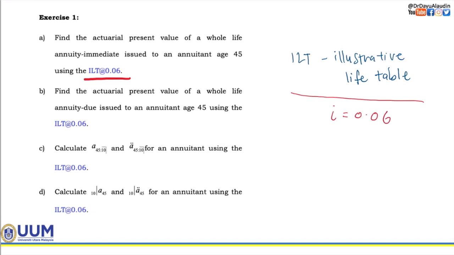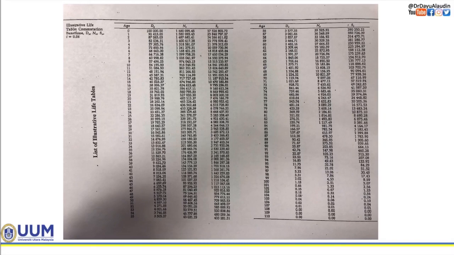So this is the table, the illustrative life table. We have the age in the first column, and the second column is l_x, the number of survivors, and we have D_x. But for this course, we just cover the first two columns, l_x and D_x.